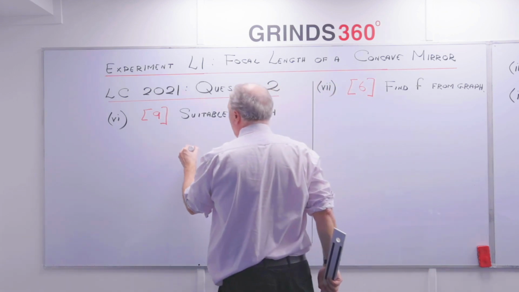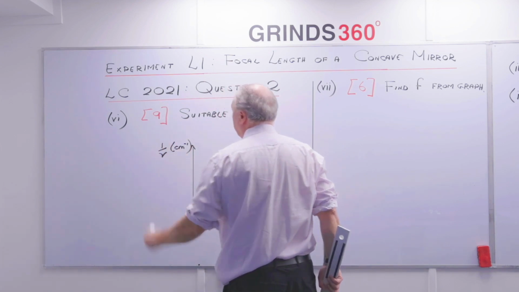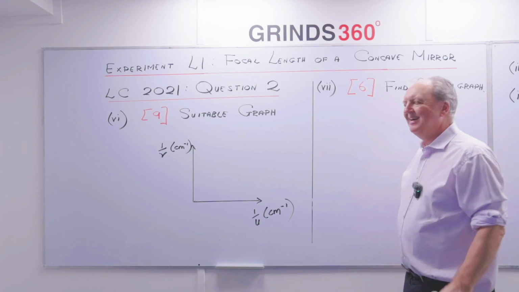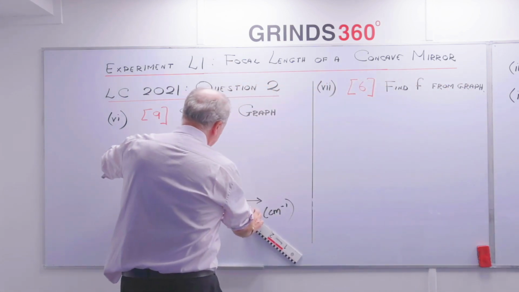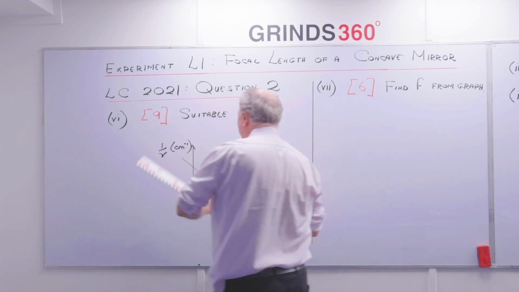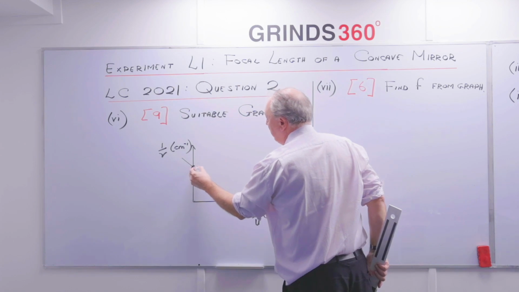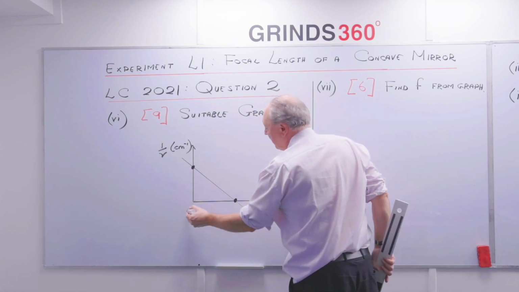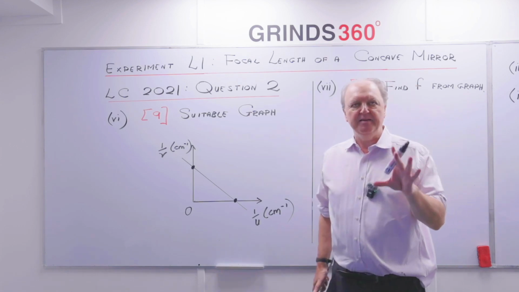And I'm going to put 1 over V here, centimeters to the power of minus 1. And the kind of graph you get is a graph that goes like this. It's a graph that's shaped like that. And these points here where it cuts the graph, they're called the intercepts. So that's the suitable graph that we're talking about.